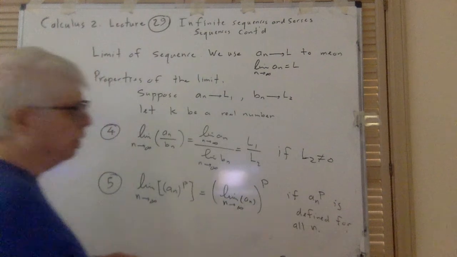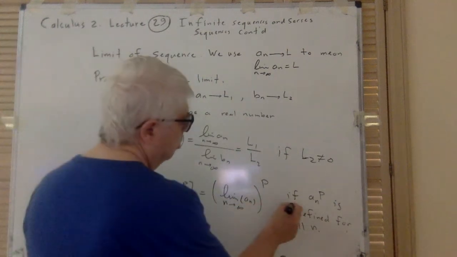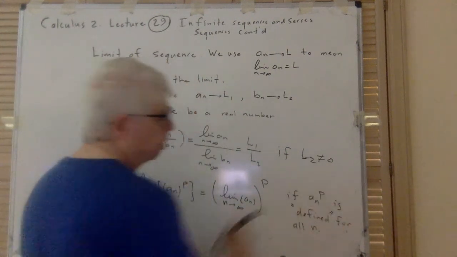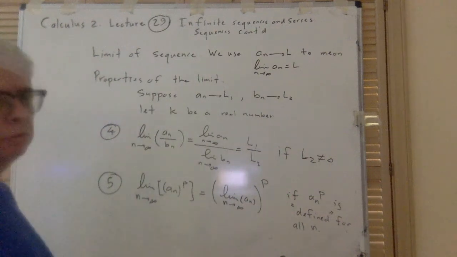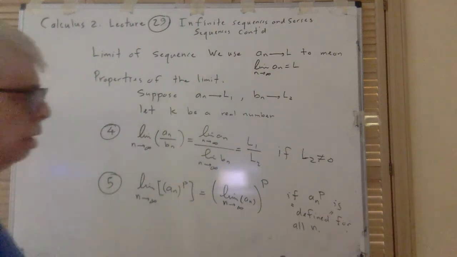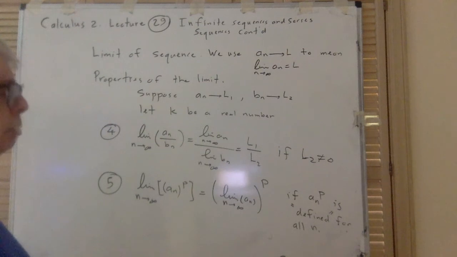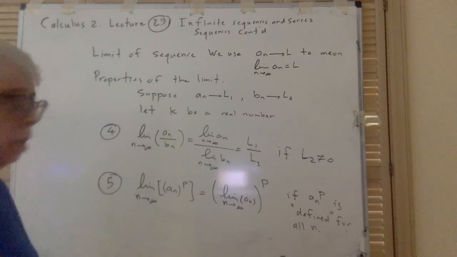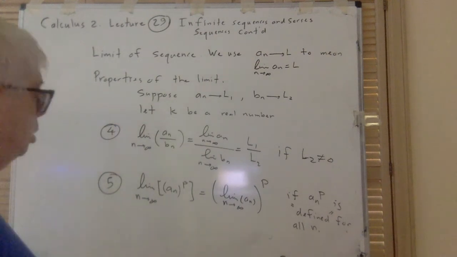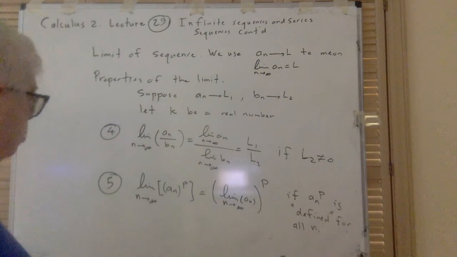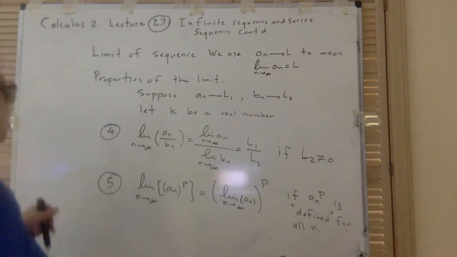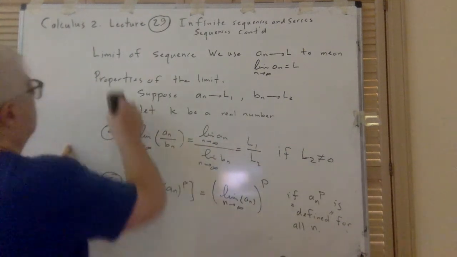If it is like negative 1 to the power 1/2, then we define it to be i. But let's say that it makes sense, I mean, it doesn't go out of the real numbers. Or sometimes it just doesn't exist. Okay, so this is an example of number 5.